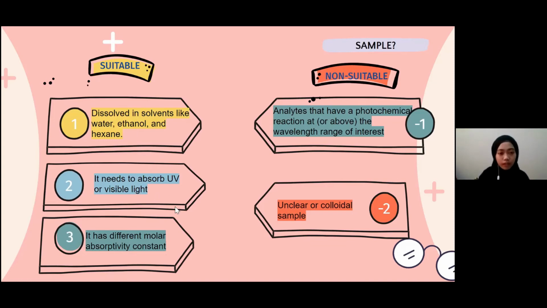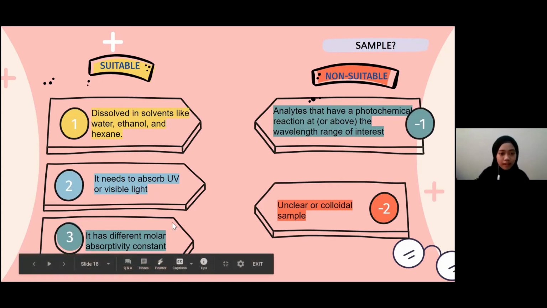So there will be no data. So lastly, it has different molar absorptivity constant. So this statement applies when there is more than one analyte in a solution. In other words, due to different molar absorptivity constant, we can do quantitative measurement on the analyte.